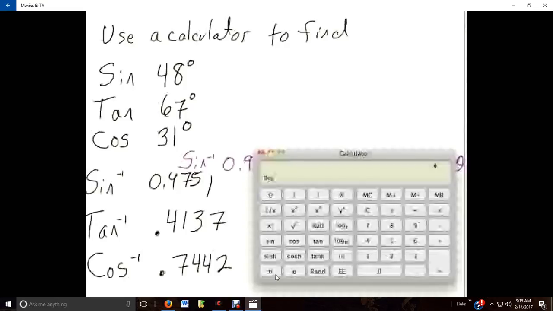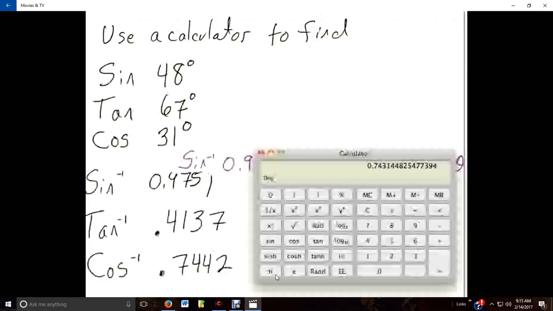Now in this particular calculator, it's a pretty dumb calculator, so I think I have to hit 48 and then I hit sine. And that gives me a number, 0.743144825477394.